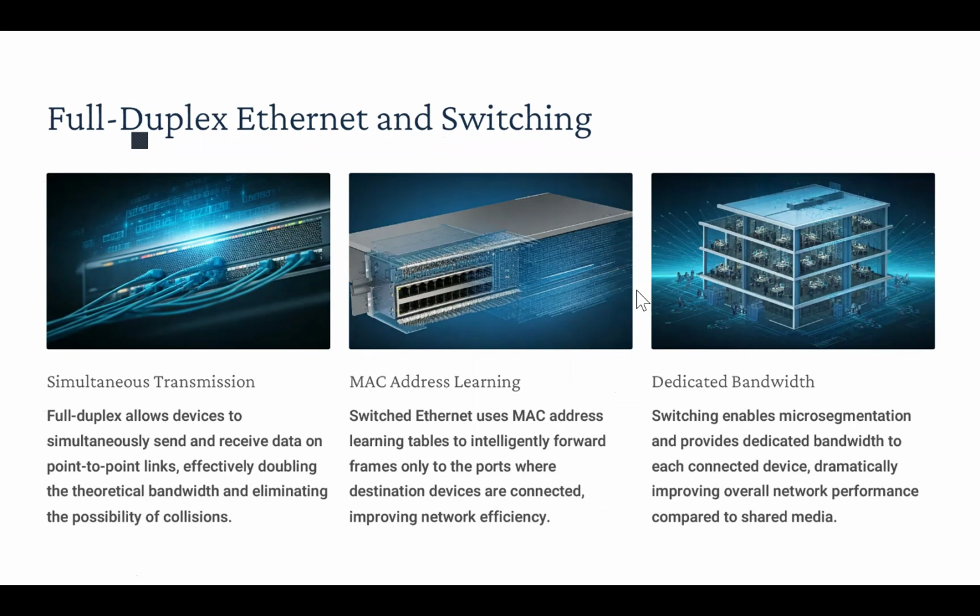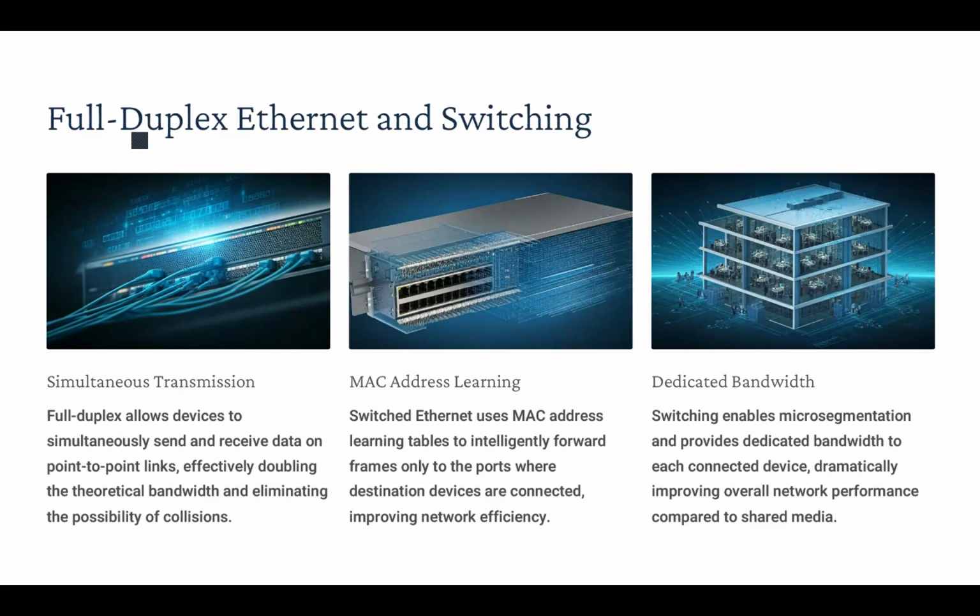Now, in a full duplex system, which eliminates collisions, MAC address learning in switches basically creates efficient forwarding paths. So each device receives dedicated bandwidth, which enables microsegmentation. In full duplex Ethernet, devices can transmit and receive data simultaneously over separate physical channels.